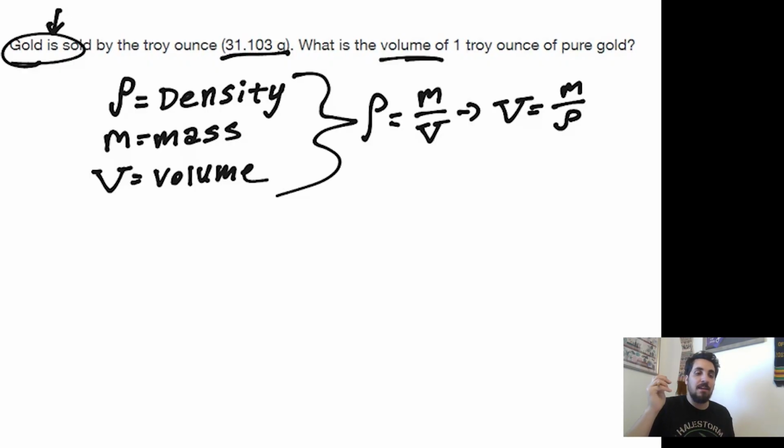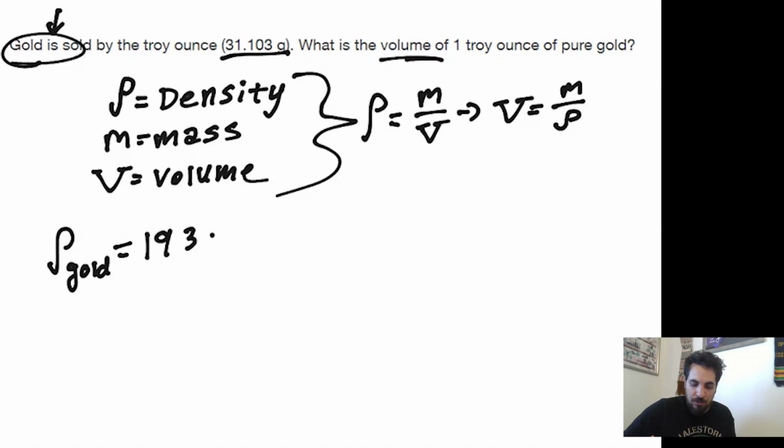And in fact, any chunk of gold will have a density of 19,300 kilograms per meter cubed. And it's a very large number, and that's because a meter cubed is a large amount of volume. So, of course, it's going to have a large amount of mass. But that is the density of any chunk of pure gold that you have.